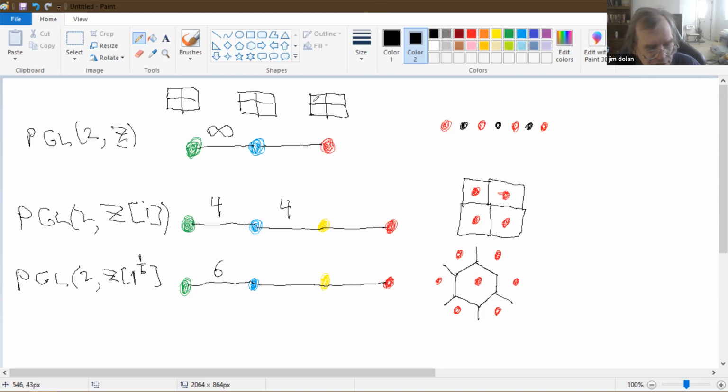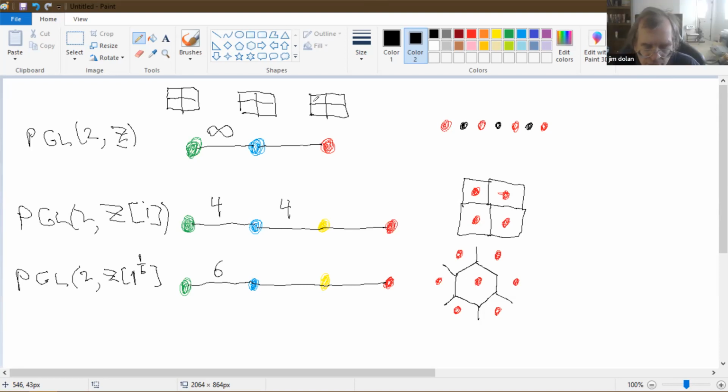The translations, I think, are the ones with ones on the main diagonal and one other entry. Sounds right. Yep. But what are the reflections? What do those look like? So those are what? Reflection followed by a translation? Is that what you mean?